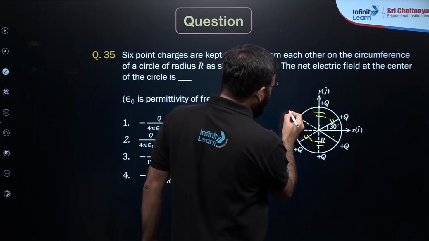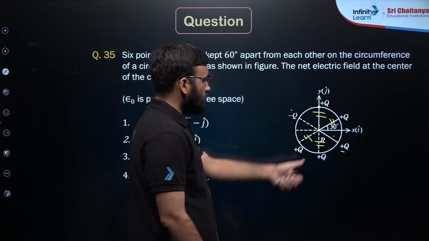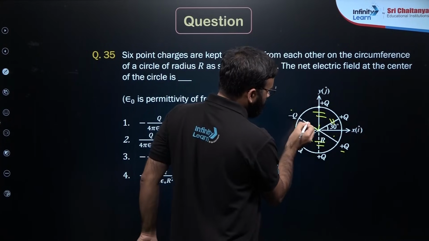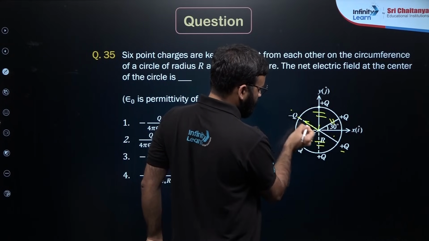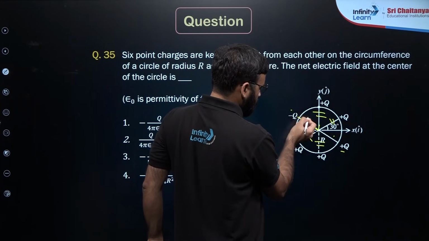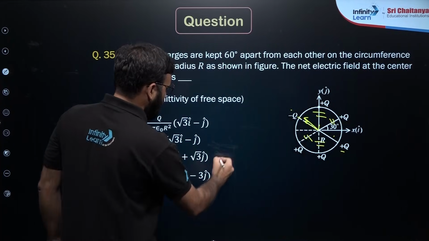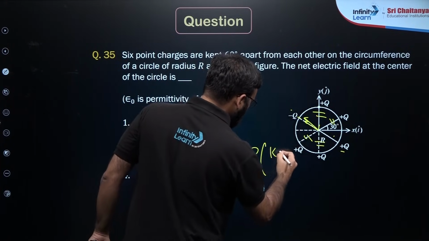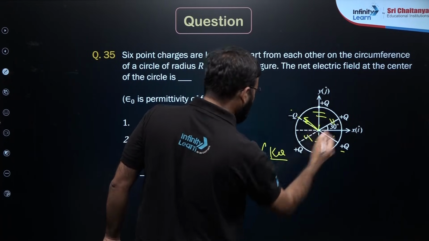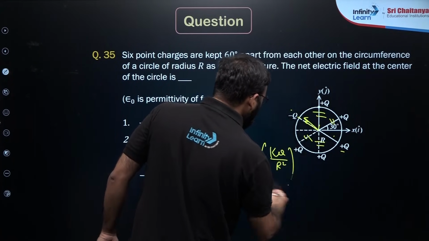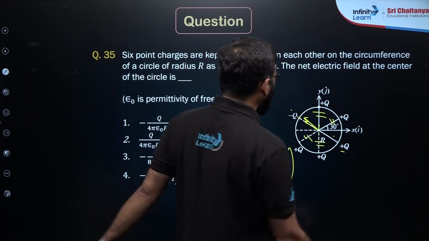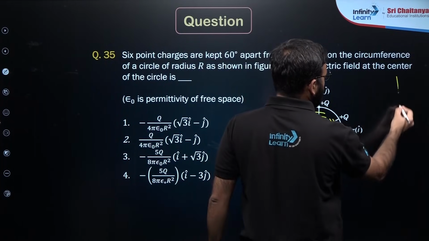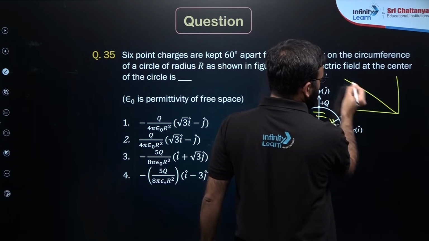But this is the negative charge and this is the positive charge, so due to this one the field is in this direction because it attracts, and similarly for this one. So I directly write E equals 2 into kq upon R square, but both are at 30 degree angle.